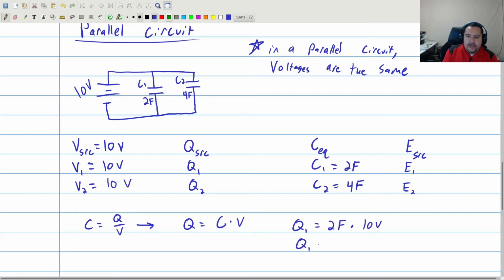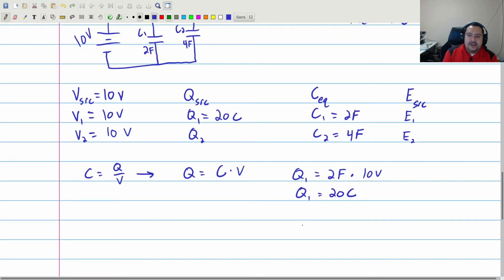So Q1 is going to be 20 coulombs. I can put that into my table here. Okay, solving for Q2, I'm going to do the same thing. Q2 is equal to 4 farads this time, times 10 volts. 4 times 10, Q2 is going to be equal to 40 coulombs.